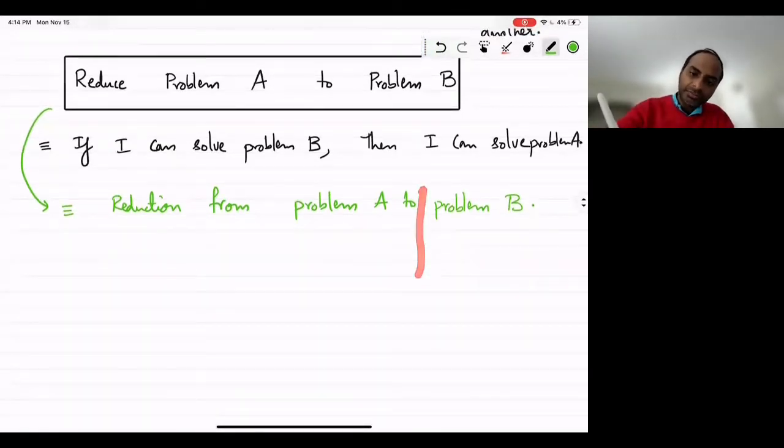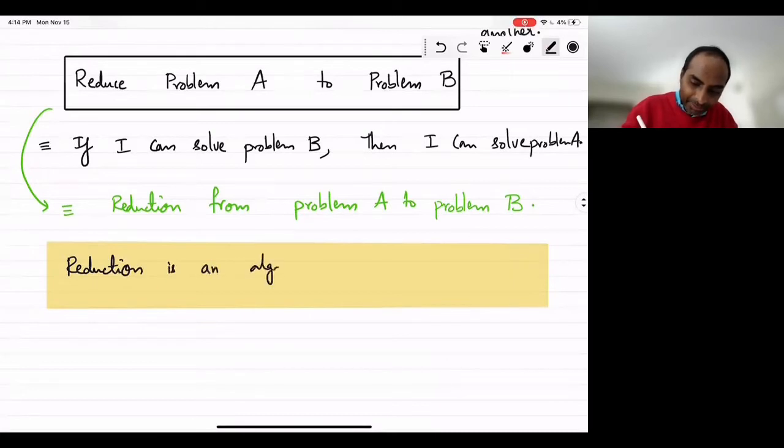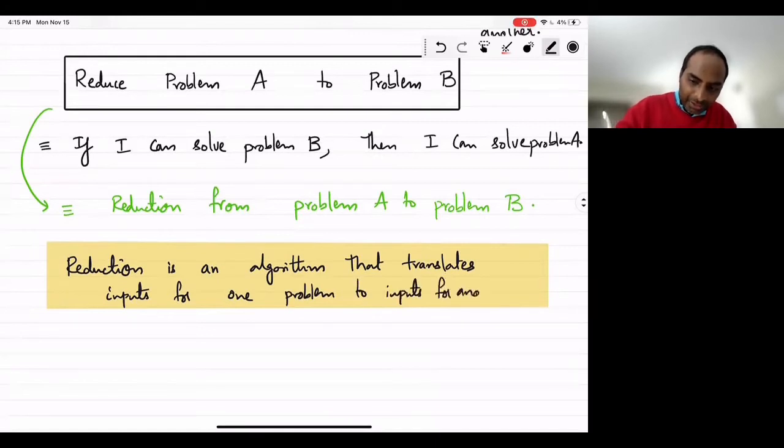And the reduction essentially, and this is important, reduction is essentially an algorithm that translates inputs for one problem to inputs for another problem.